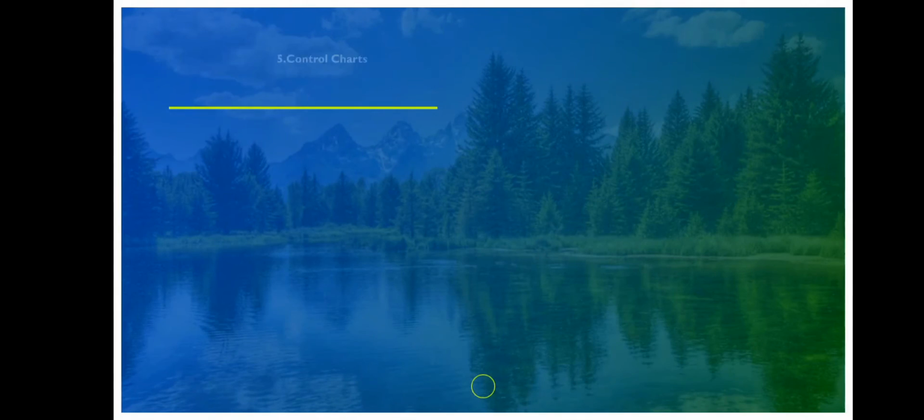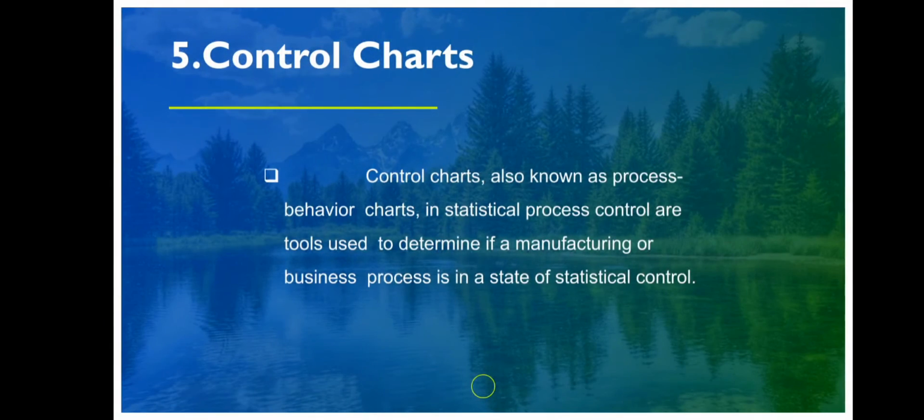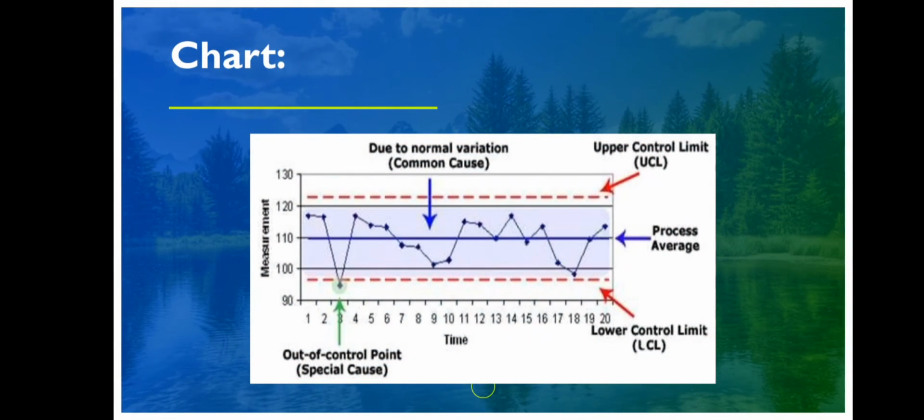And the next topic is control chart. A control chart is known as a process behavior chart in statistical process control. It shows a state of statistical control. Let's go to the chart. In this graph, the left axis represents the measurement and the down axis represents the time.